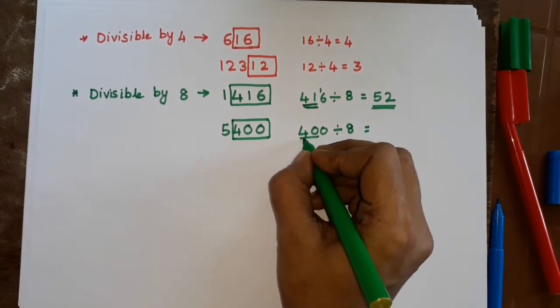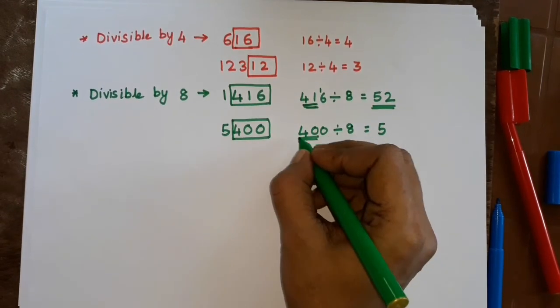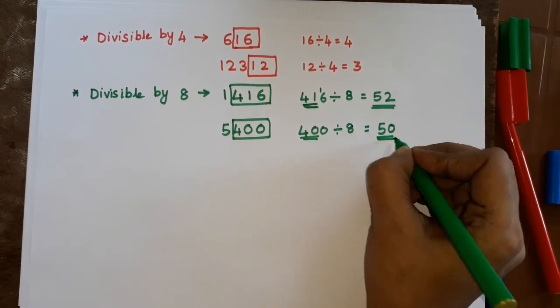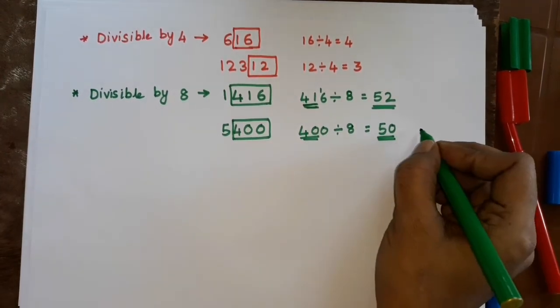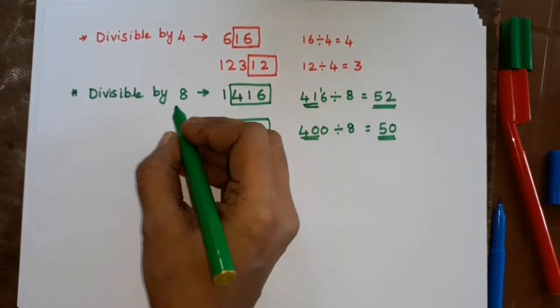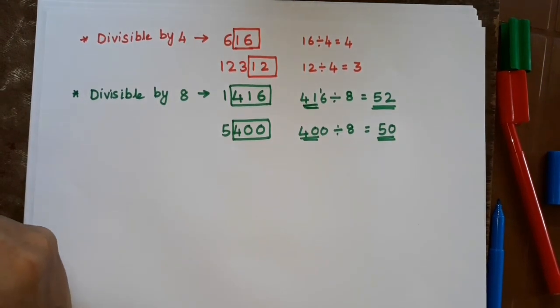We will take the first 2 digits. 8 5s are 40. Then 0 is remaining, so we will put it here. So the answer is 50 and the remainder equal to 0. So 5400 is divisible by 8. Hope you understood the rules of divisibility. Thank you.